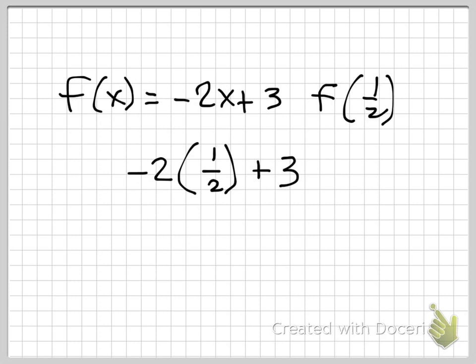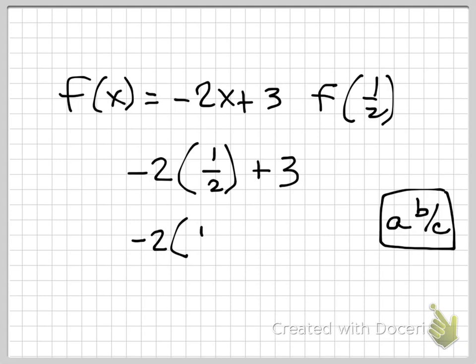So just enter that as -2 parentheses and 1 over 2 is this, as you can look at your fractions. There's usually an A, B, C key for most calculators. That's how to enter a fraction. So just put the 1/2 in there and then plus the 3.